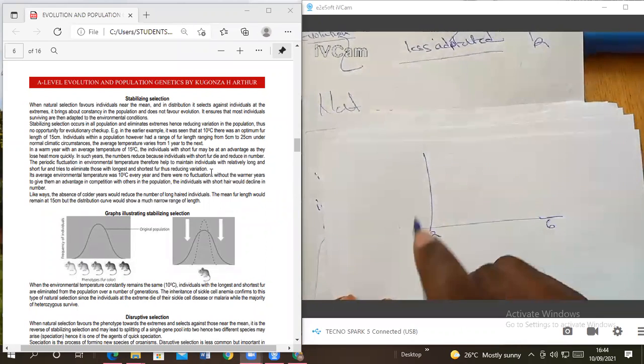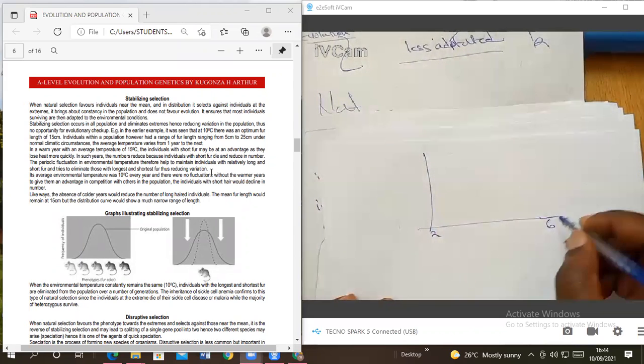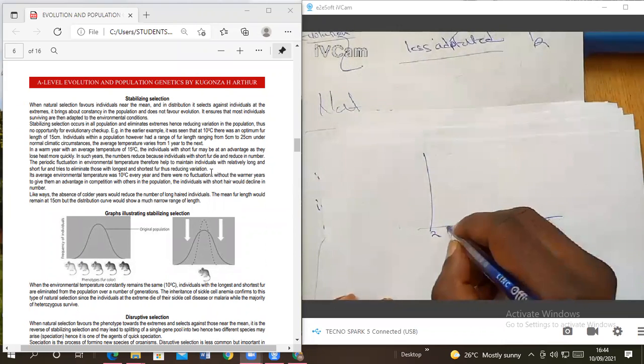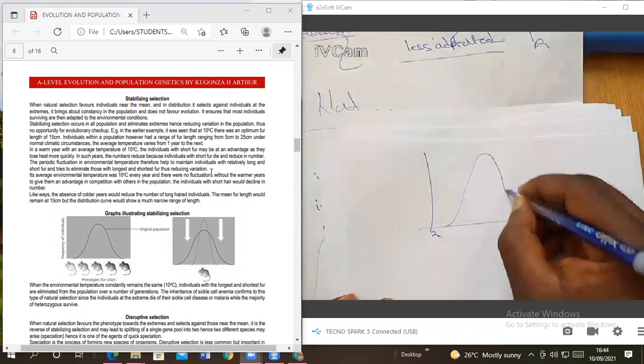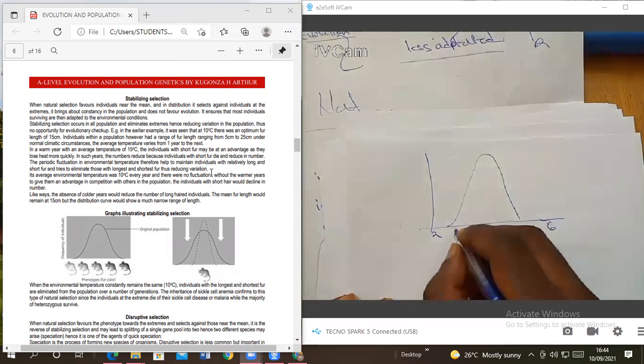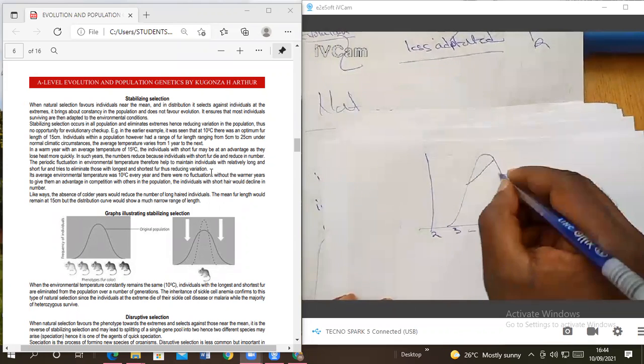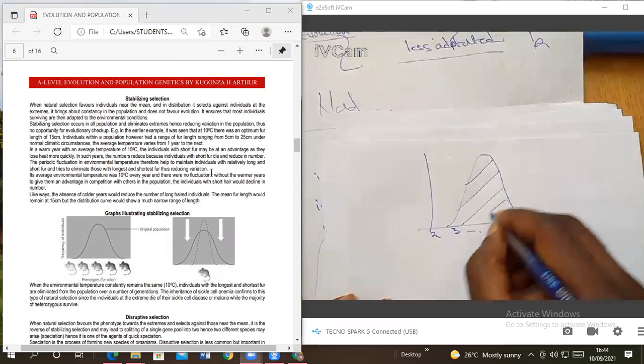Now you will find here babies who are born with less weight, they die. And those who are born with much weight also die. The babies who will survive will only be those with the weight starting from 3 to 5, because they're the intermediates, it is the weight which is favored by the environment.